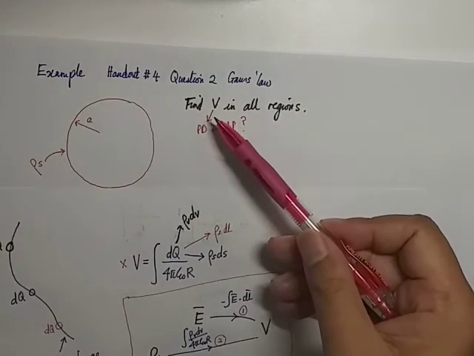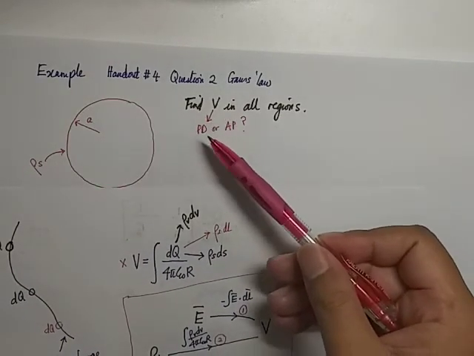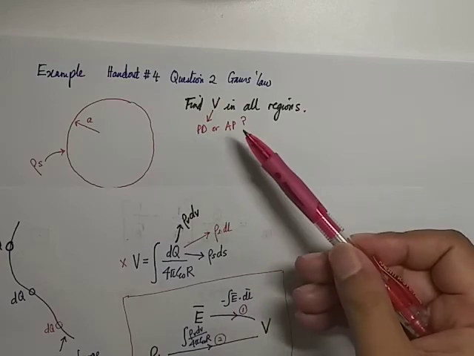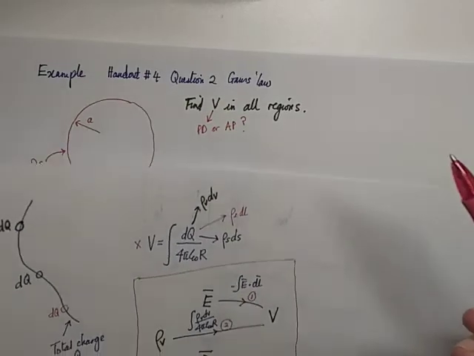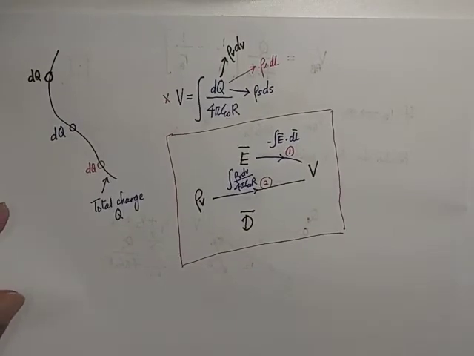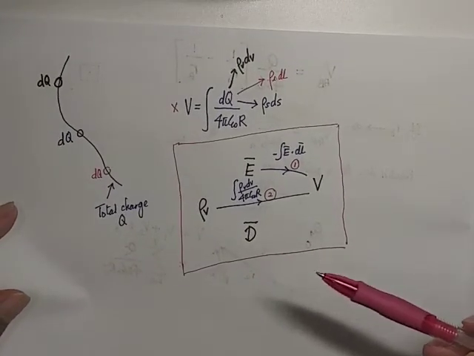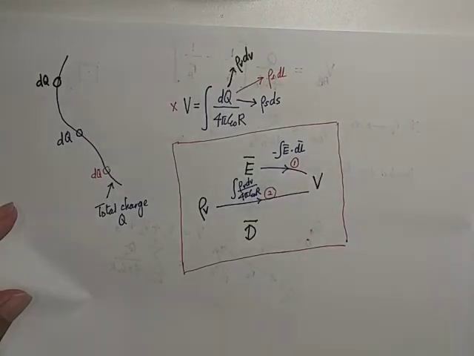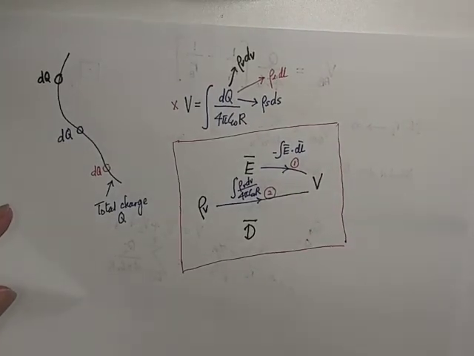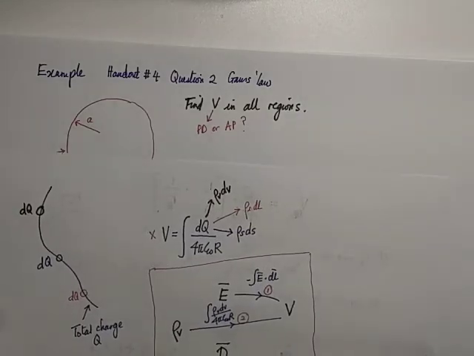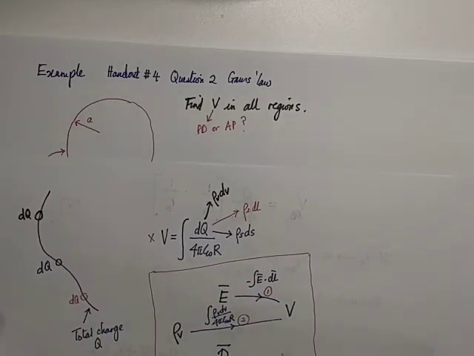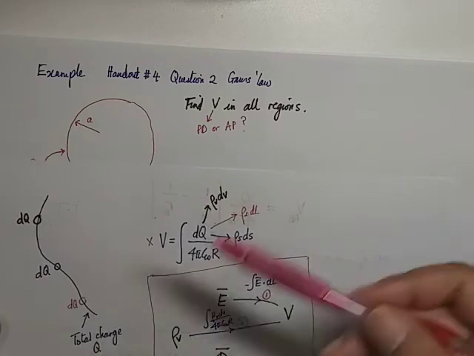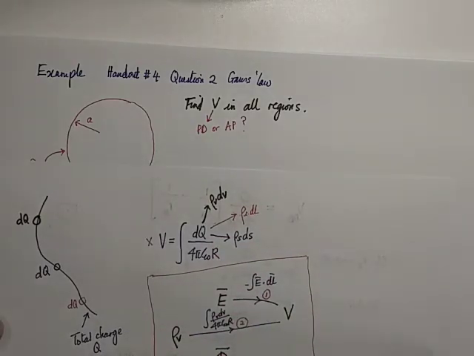The V asked here, is it potential difference or absolute potential? Then once I decide the V, I'm going to use either method 1 or method number 2. That's what you will ask yourself when you want to solve other problems regarding this type of issue later on.